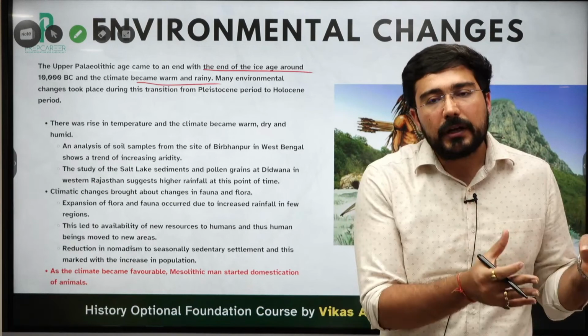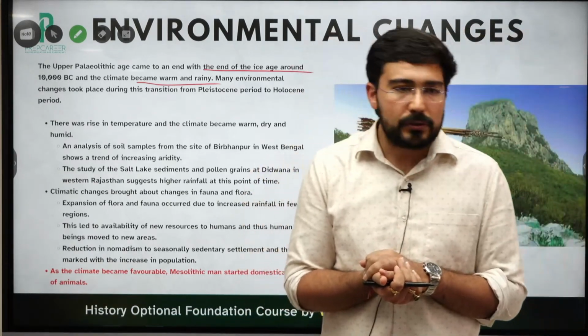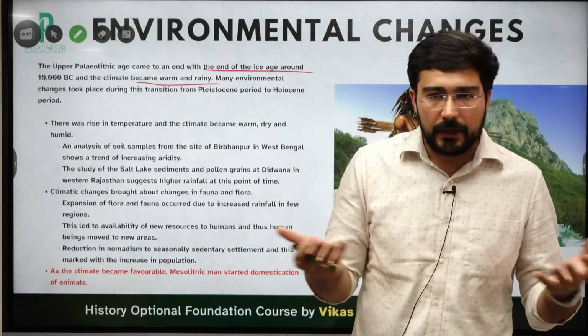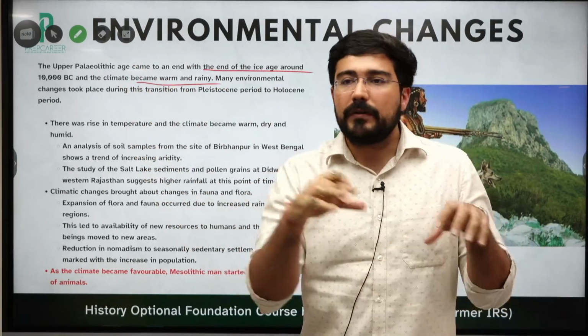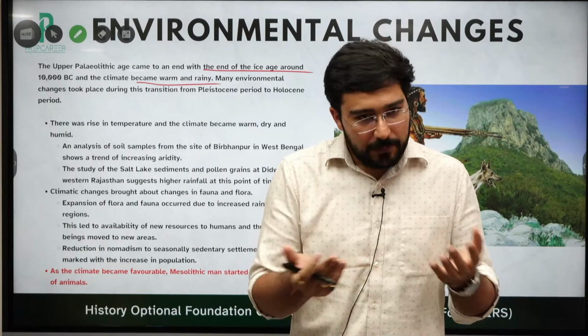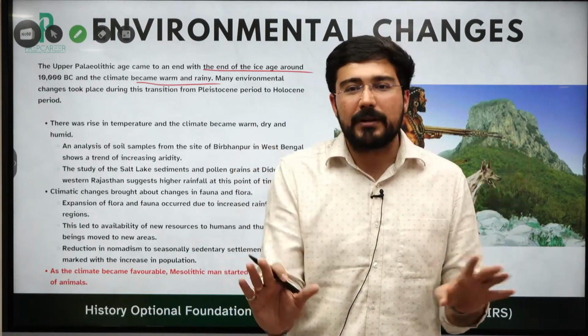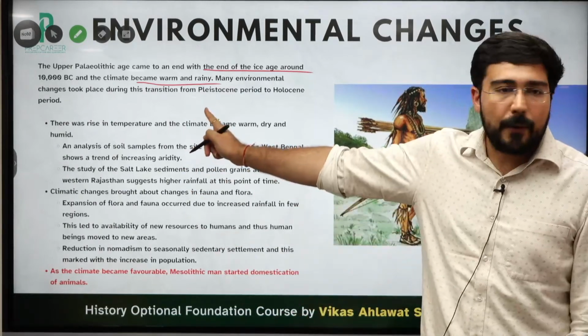Because if the conditions are going to become habitable for humans, their population is also going to increase, right? Naturally. अब आप देखिए, those people who live in hilly areas and those who live in the plain areas, where is more population density? Plain. So wherever we have hospitable conditions, the population is always going to be more. The same situation happened here also.